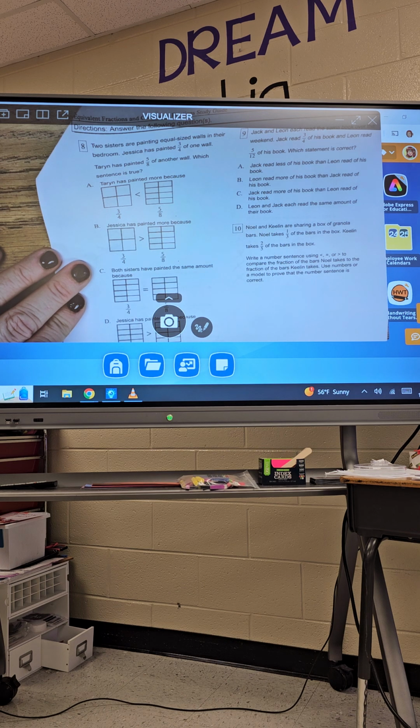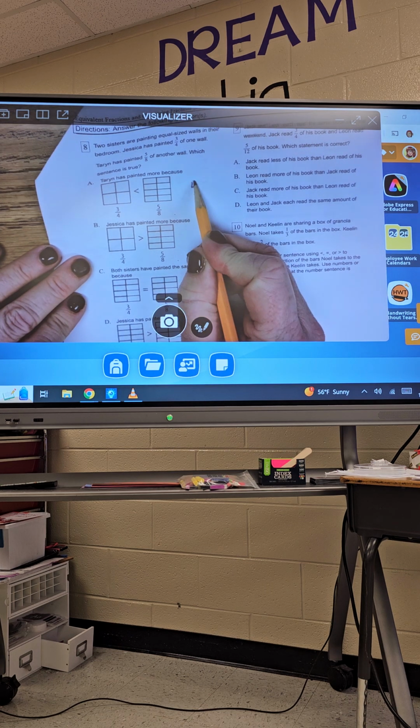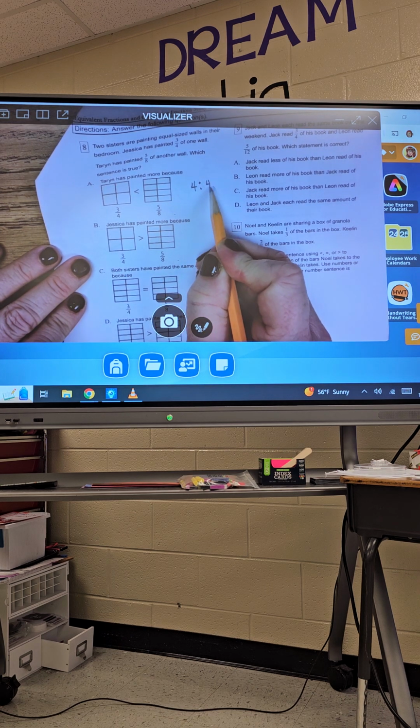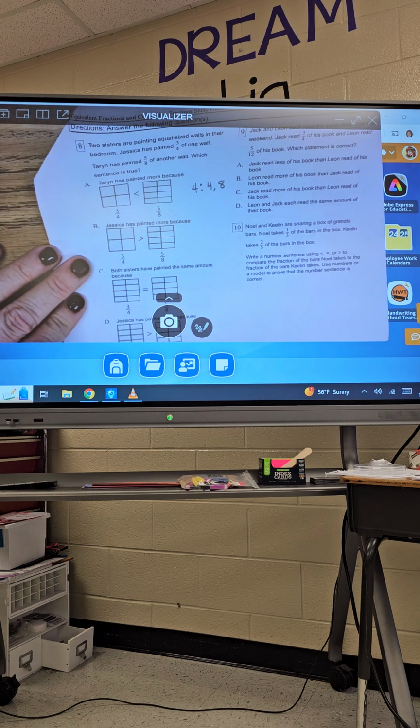Again, common denominators would be nice. Okay, since 8 is a multiple of 4, I can use 8 as my common denominator.